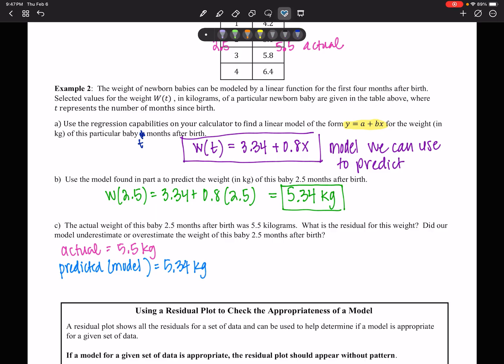The residual is going to equal the actual minus the predicted. So our residual is equal to 5.5 minus 5.34. And when I do that subtraction, I get 0.16.